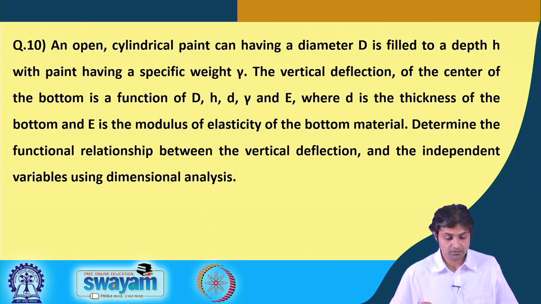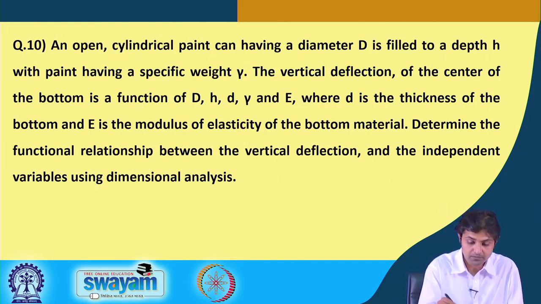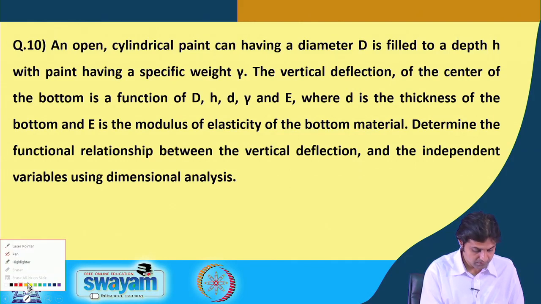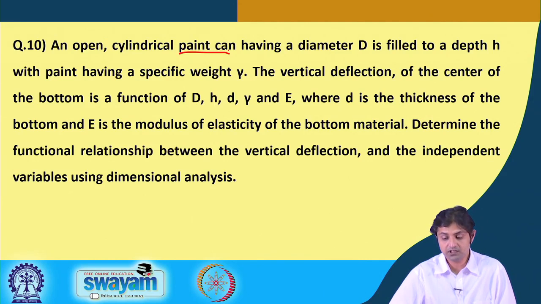So there is question number 10. The question says an open cylindrical paint can, this is one paint can having a diameter D, is filled to a depth h with a paint having specific weight gamma.